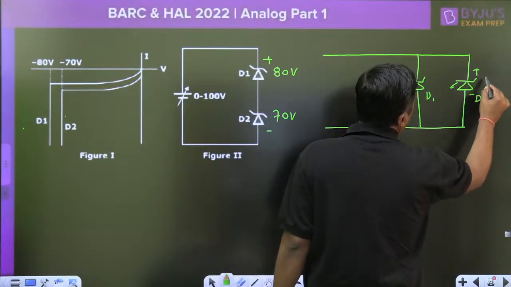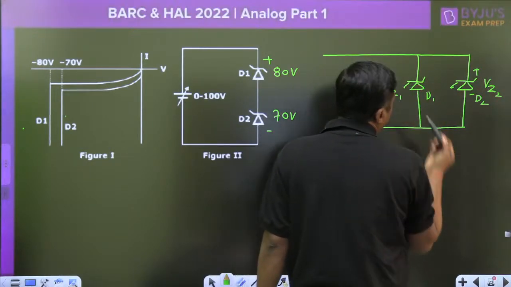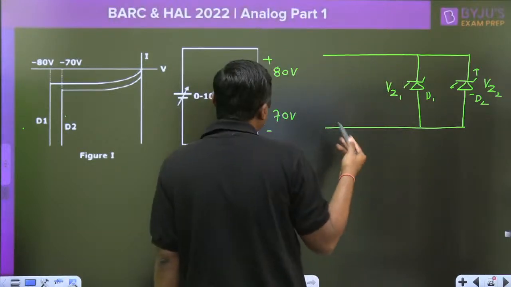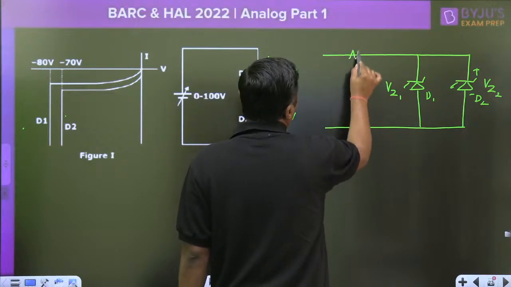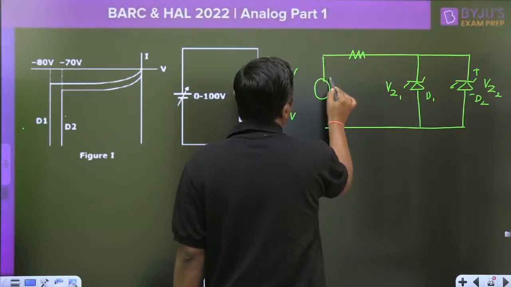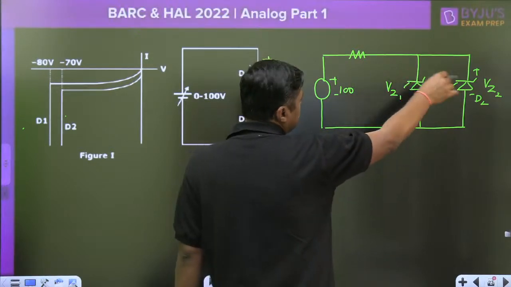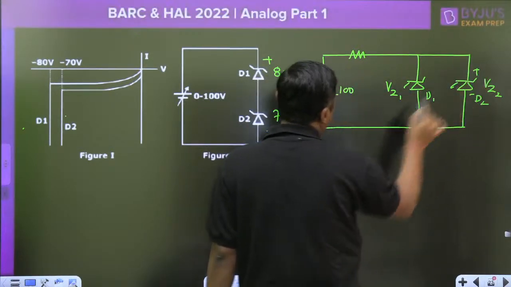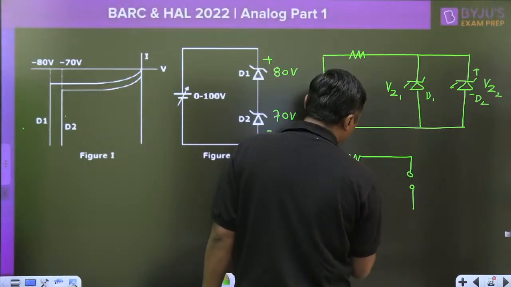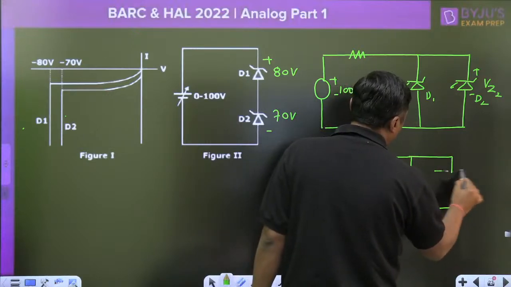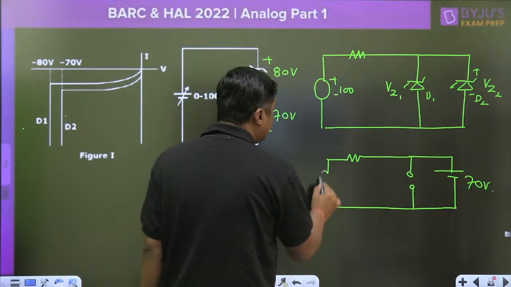D2 will require 70 volt and D1 will require 80 volt. If I give 100 volt, then first of all D2 will break down, and now the fixed voltage is 70 volt, and D1 will remain open circuit. The output is fixed at 70 volt.